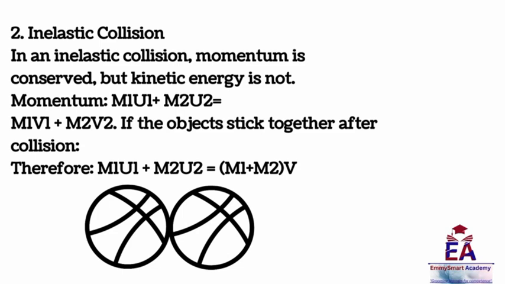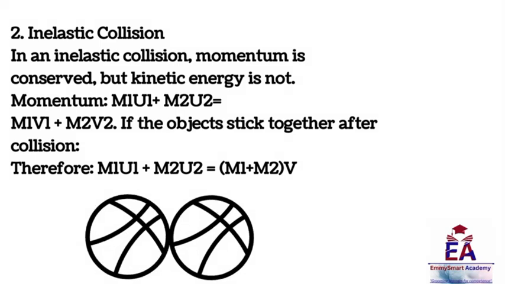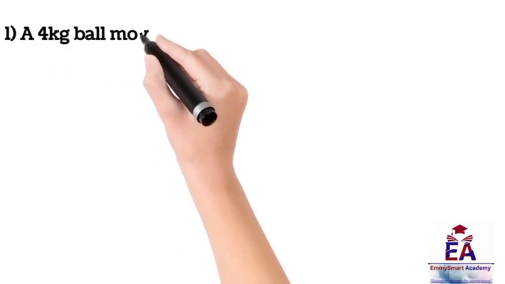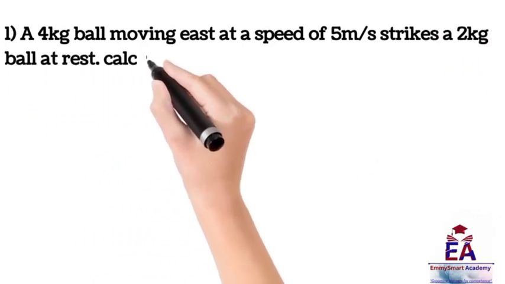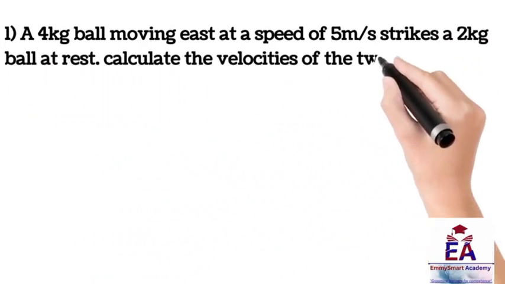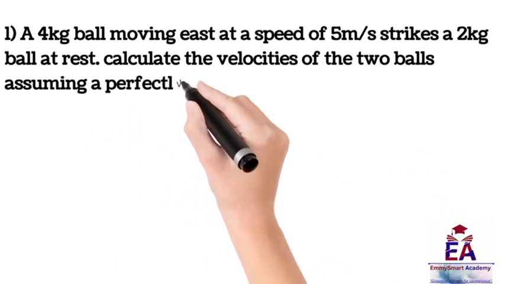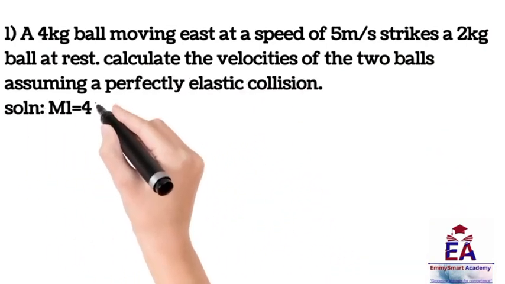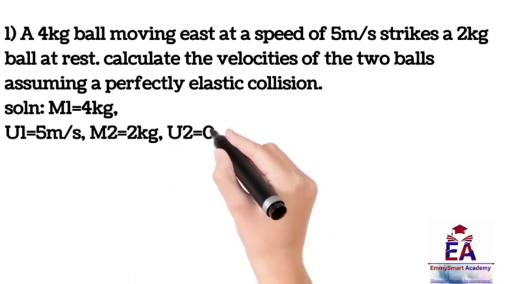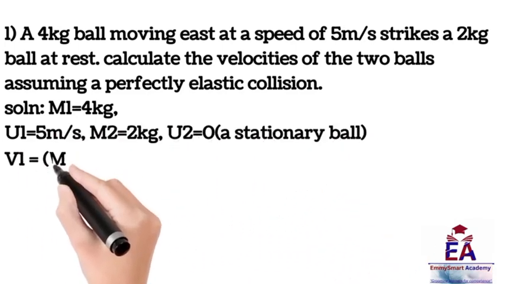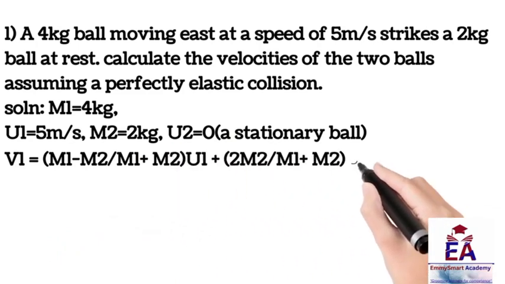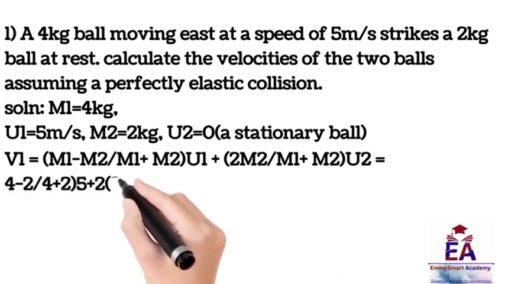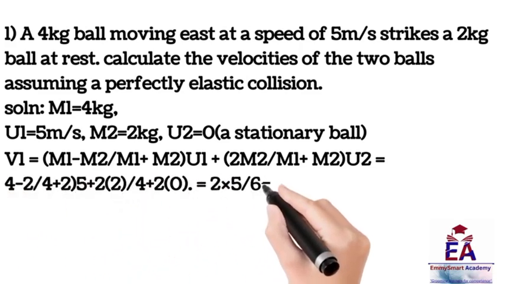Okay, let's look at each problem. A 4 kg ball moving east at a speed of 5 meters per second strikes a 2 kg ball at rest. Calculate the velocities of the two balls, assuming a perfectly elastic collision. Momentum is conserved, and kinetic energy is also conserved. We want to find V1, the velocity after collision, so we make use of this formula.